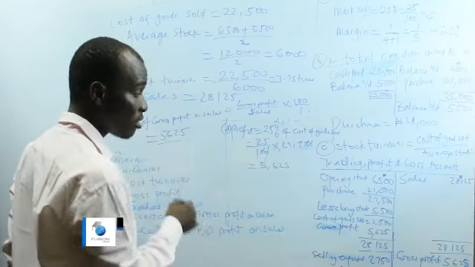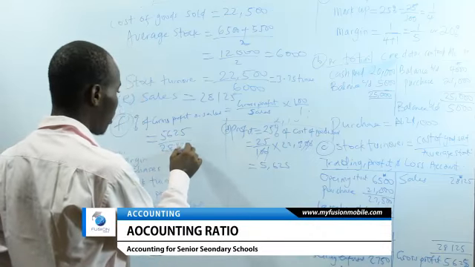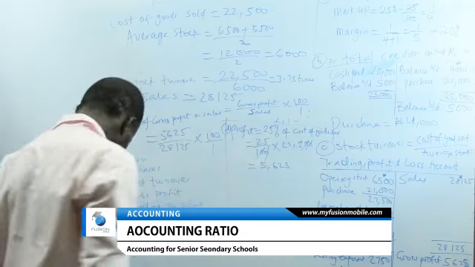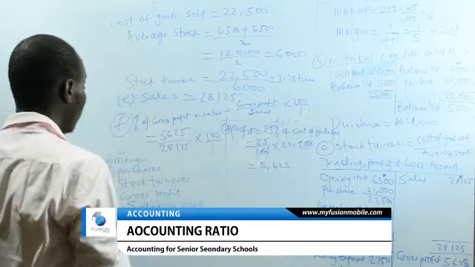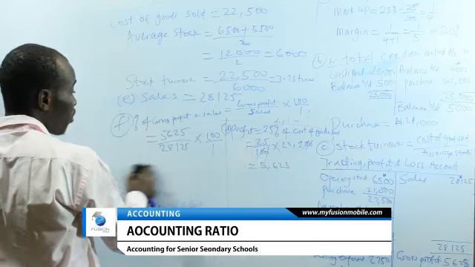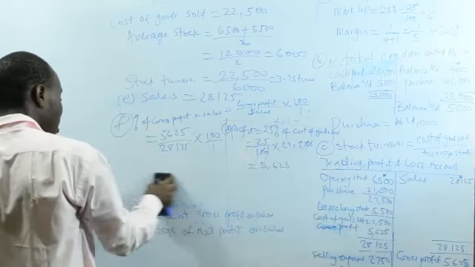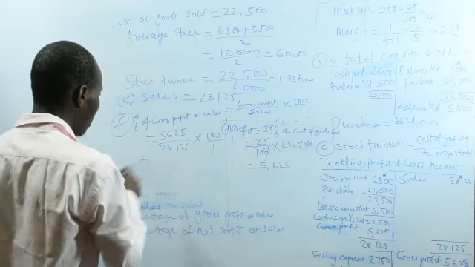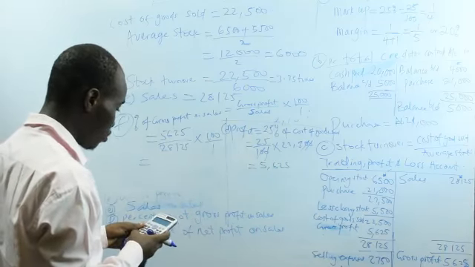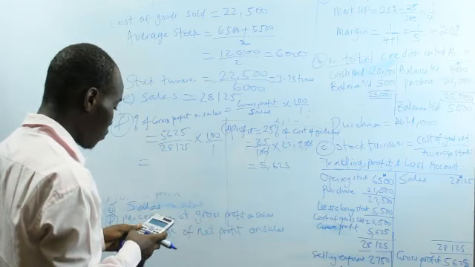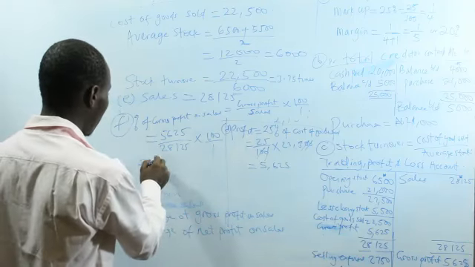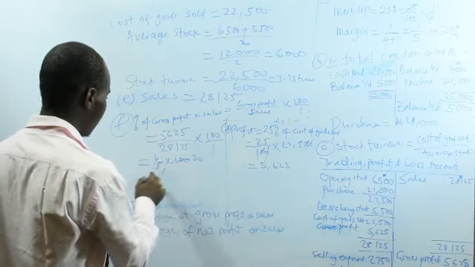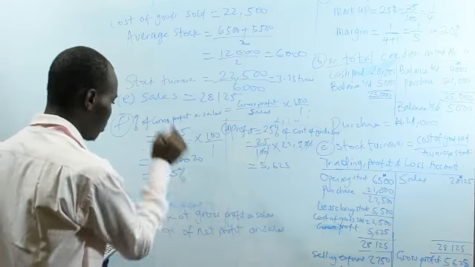What is our sales? 28,125 times 100 over 1. Interestingly, the percentage of gross profit on sales is our margin. That should give us 20%. So we have 5,625 divided by 28,125, that gives us 1 over 5 times 100, which is 20. So that is the interesting thing about this topic.